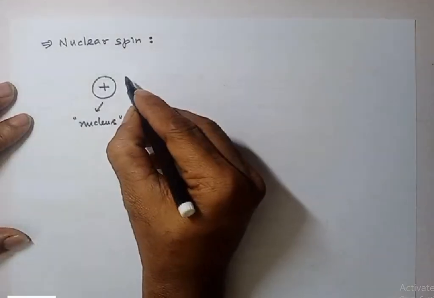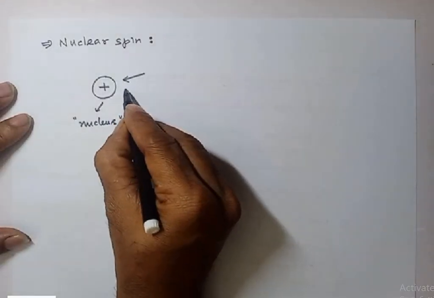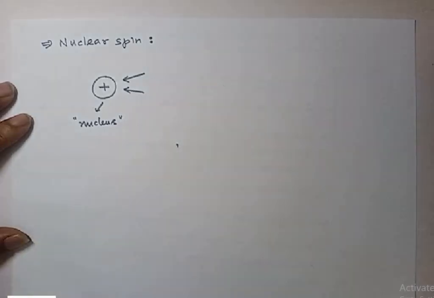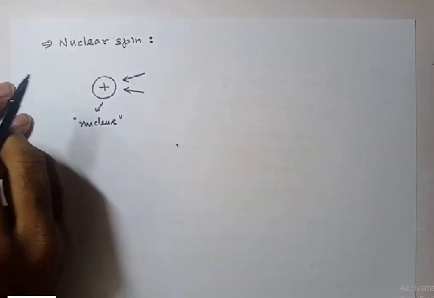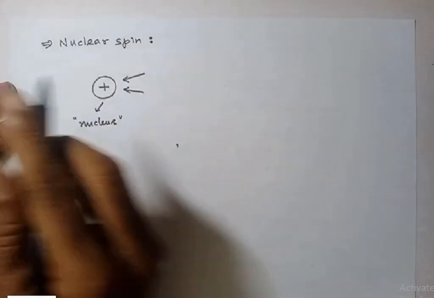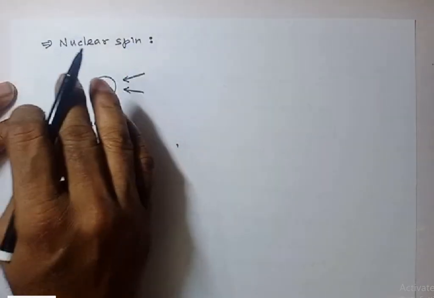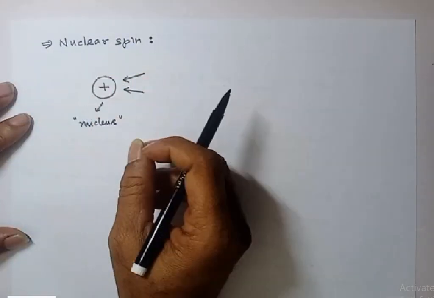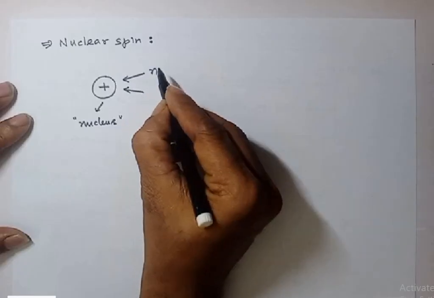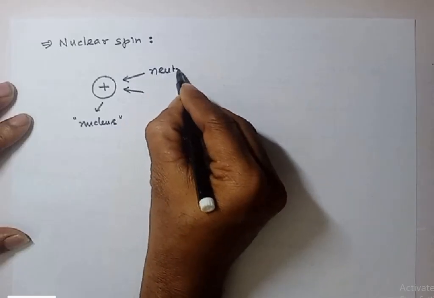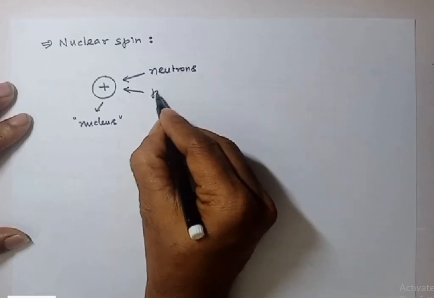You know very well, the nucleus is made up of two fundamental subatomic particles. Other particles also exist, but the two fundamental particles of the nucleus are neutrons and protons.